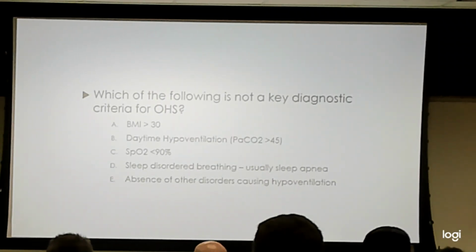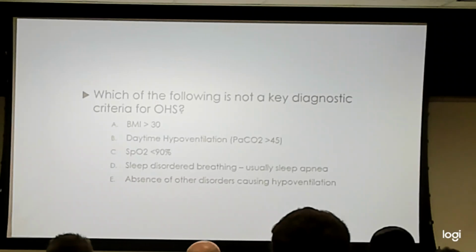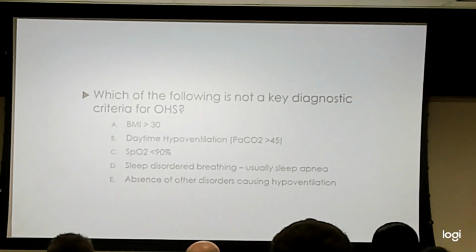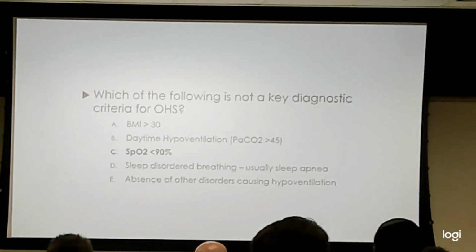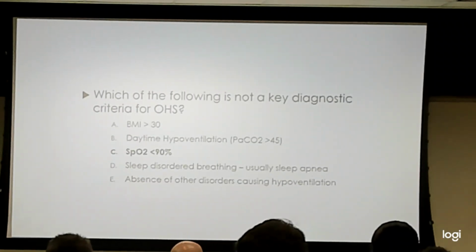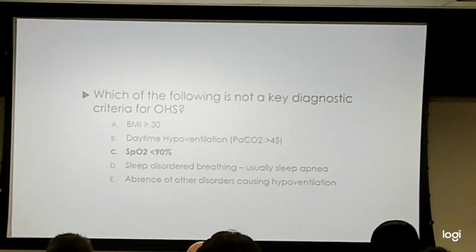So if someone's pulse ox is less than 90, do we consider that part of the diagnosis? Having apnea, yeah, sleep disordered breathing, that's part of it. And then since it's a diagnosis of exclusion, not having any other disorders that cause it. So it's C. The point of this is that someone comes in, they're obese, they're hypoxic, you still need to do a little work in working them up. You can't automatically call it obesity hypoventilation.